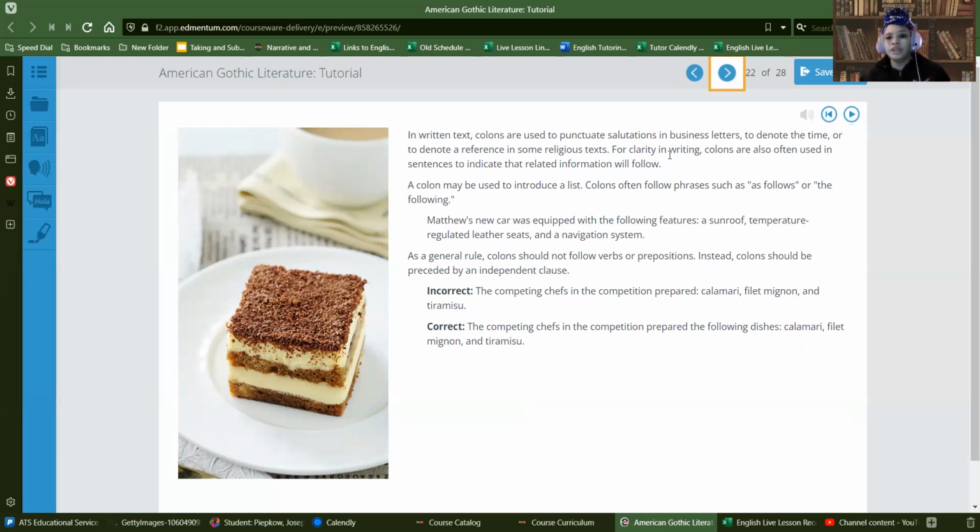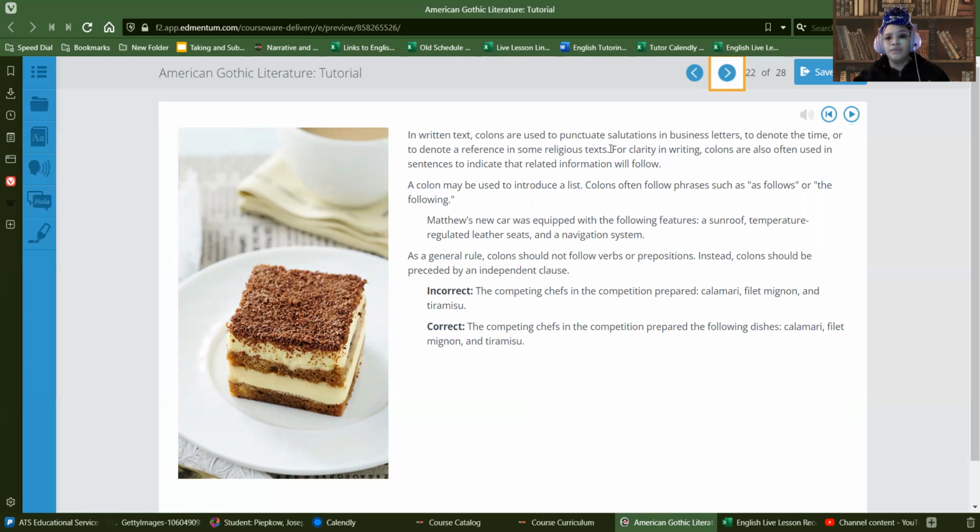And you use a colon to tell them, here's the message for whoever it is that's listed at the top. To denote the time, so when you write 9:30, there's a colon in between. And then for references in religious texts, if you're quoting Deuteronomy 13:12 or something like that, you use a colon between the chapter and the verse name. So that's what those explanations mean.